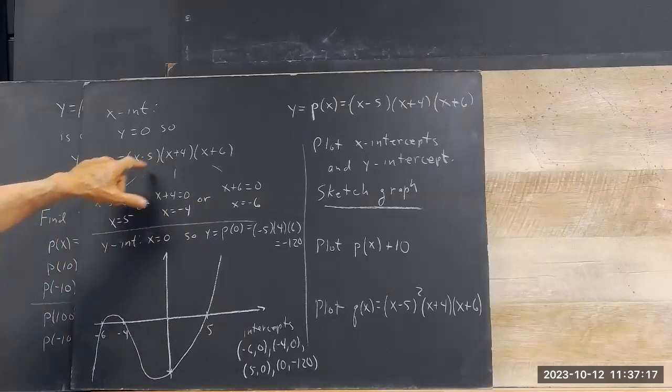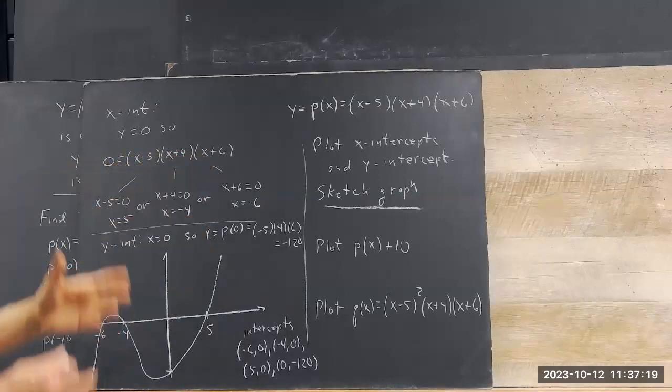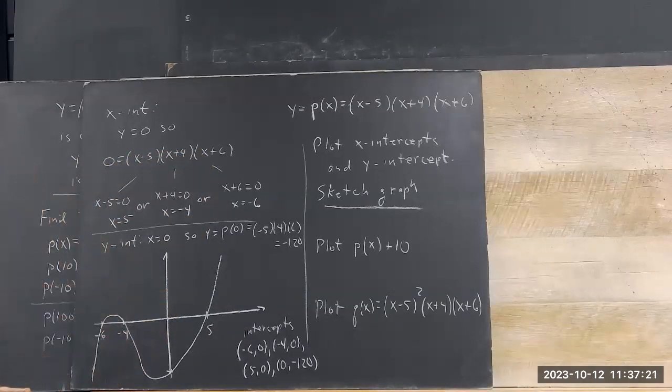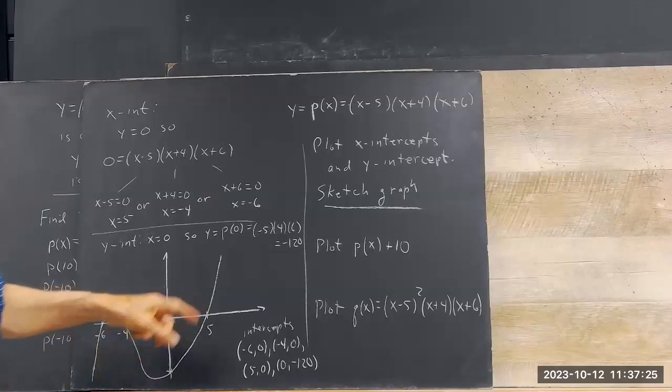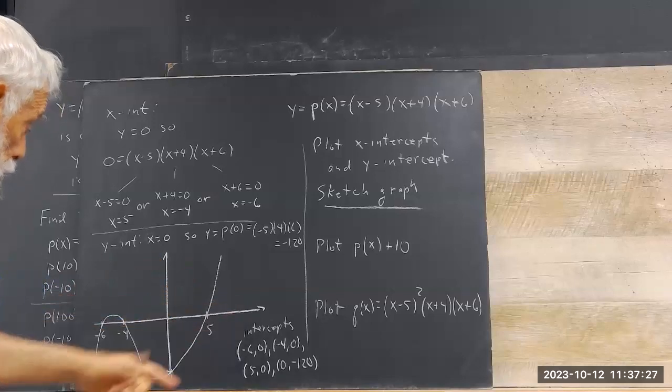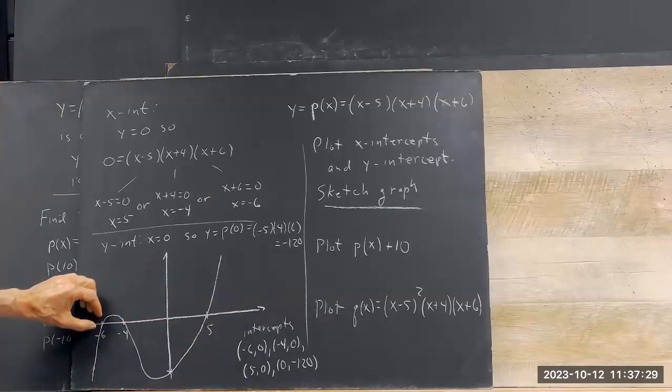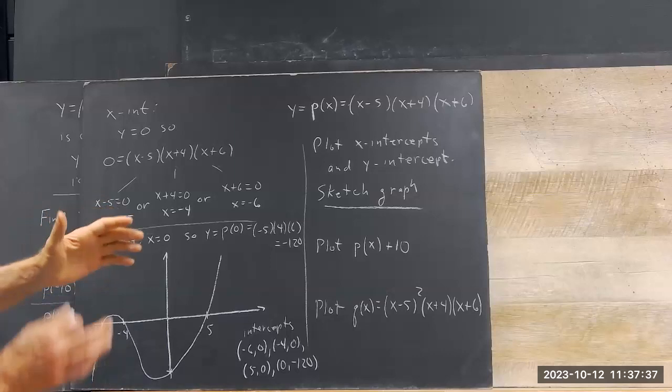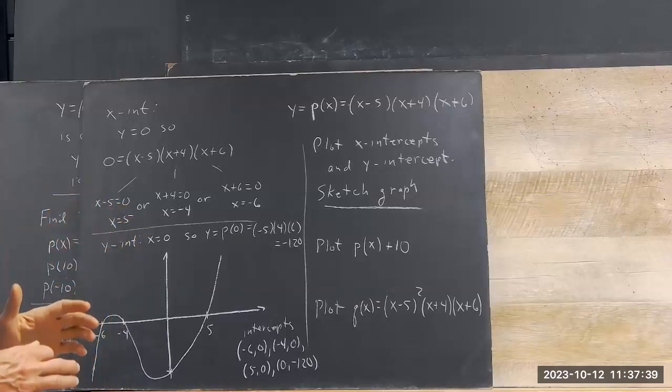Now, all these factors are linear. They're just simple linear functions. So when we go through any of these zeros, x-intercepts, we go through in what's very close to a straight line at that point. If we zeroed in on this point, we would eventually see something that looks just like a straight line.